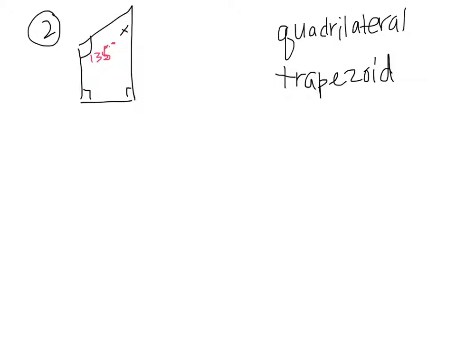All right, let's look at the angle measure. So we have 2 right angles, which we know are how much? 90 degrees. And then we have one obtuse angle that's given to us at 135 degrees. And then we have one missing angle measure. Okay, so let's add up the 90 and the 90 and the 135, and how much do we get?